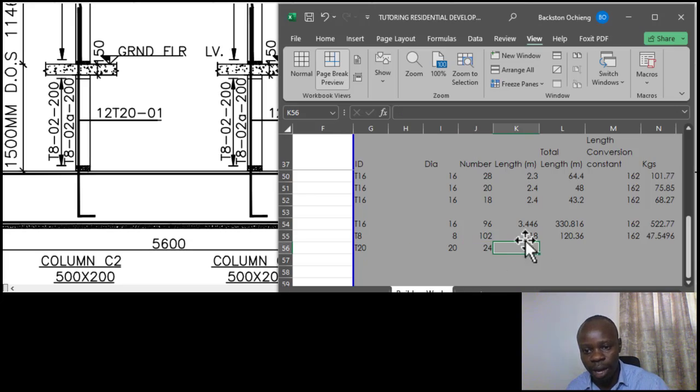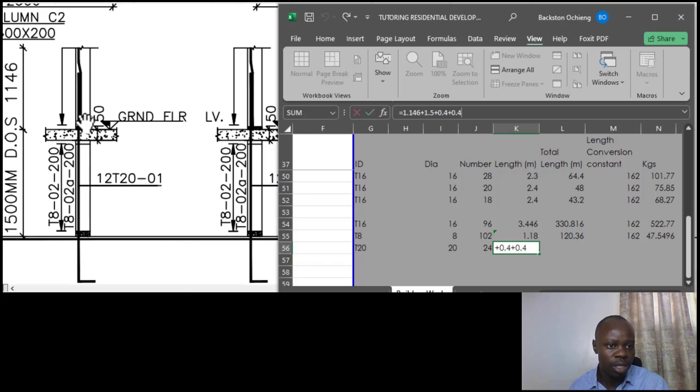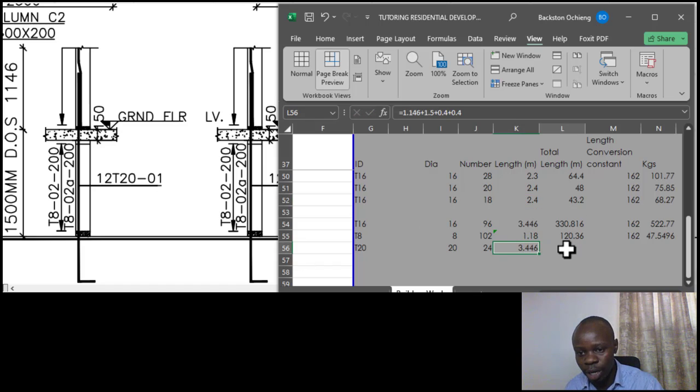Then how do you get the length? The length is going to remain the same as what we've done for the previous column. So just copy the one that we've got, which is the 1.146, serving as the overlap. You can see that it is 1.146 plus 1.5, which is the minimum that you're using there, plus 0.4 plus 0.4. So once you have that, then you get the total length.